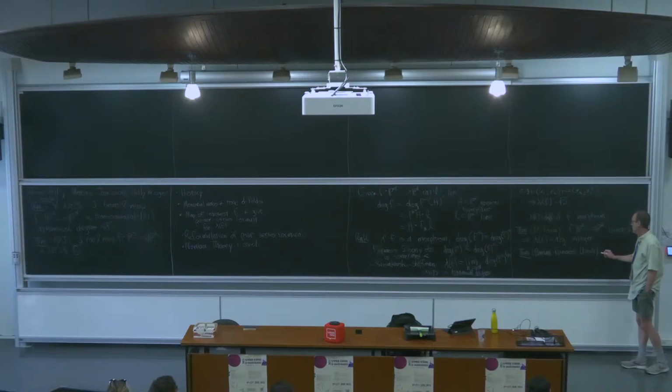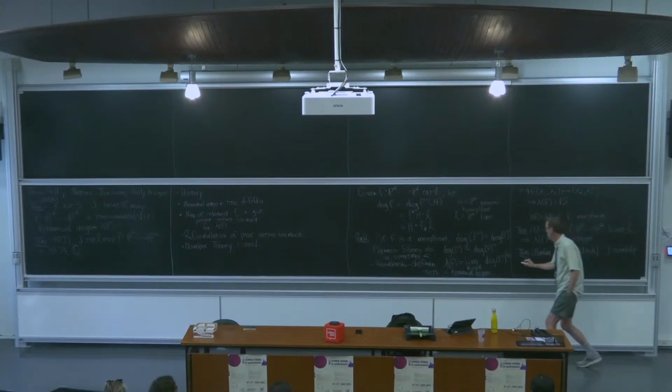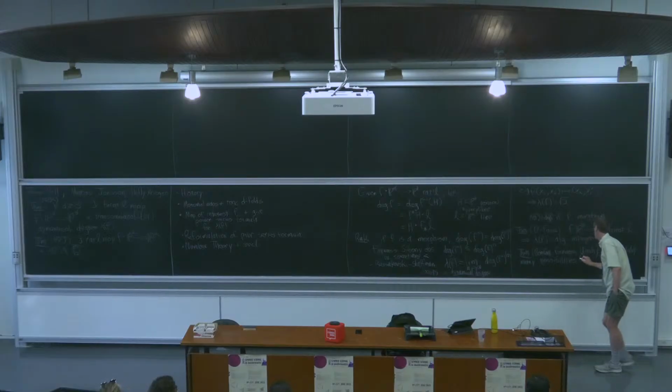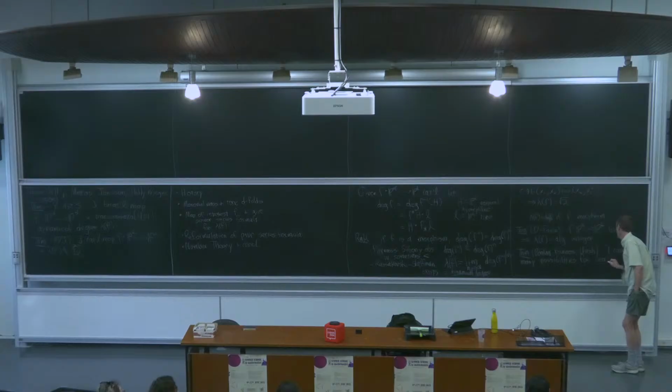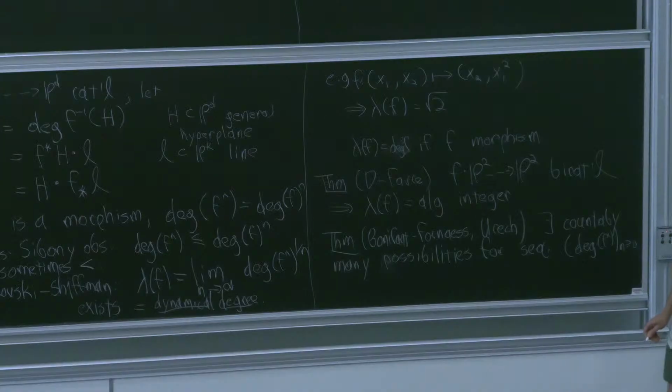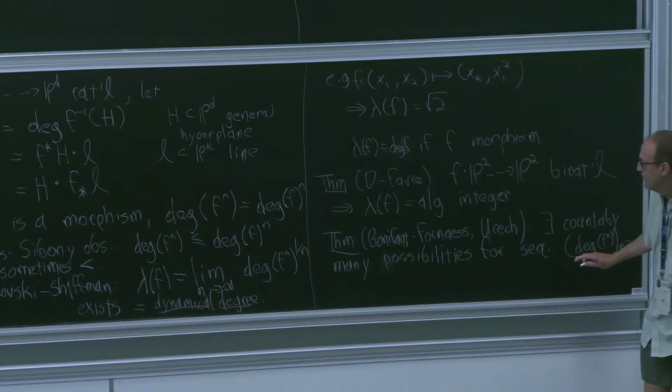So the theorem says that there exist countably many possibilities for the sequence of degrees of f. So you take all possible rational maps in all possible dimensions, look at this sequence of degrees, and there's only countably many outputs here. And it's pretty easy to prove.